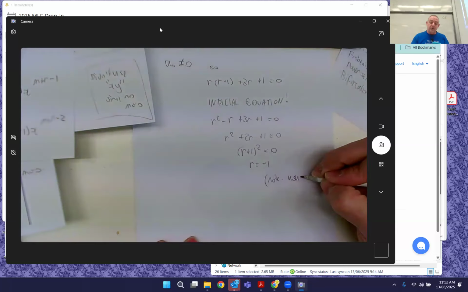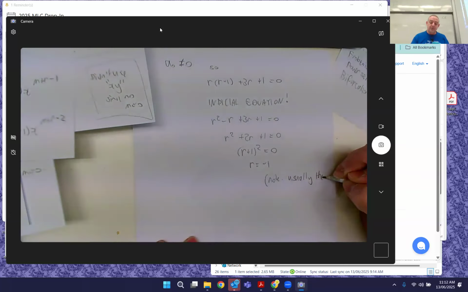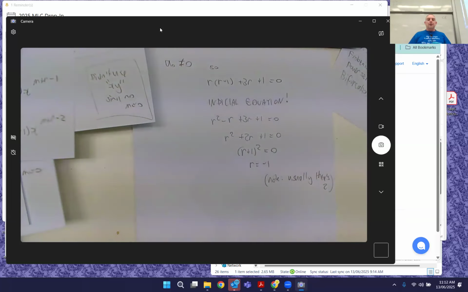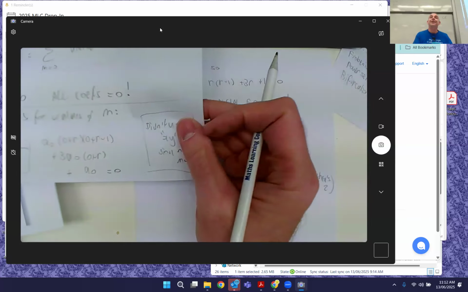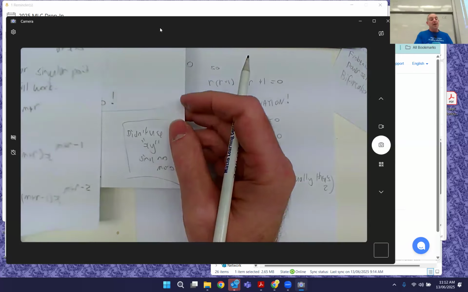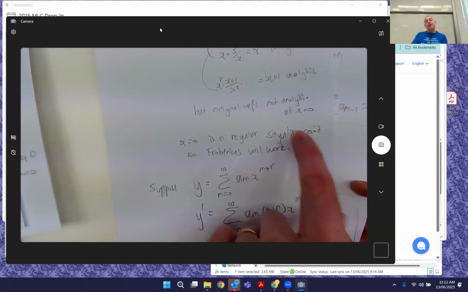No, usually there's two. I've not the slightest clue what to do if you ended up with a complex solution, but that's probably got an answer too. In your notes? No, maybe that just never happens. Sorry? Maybe that's why we have to have a regular singular point.